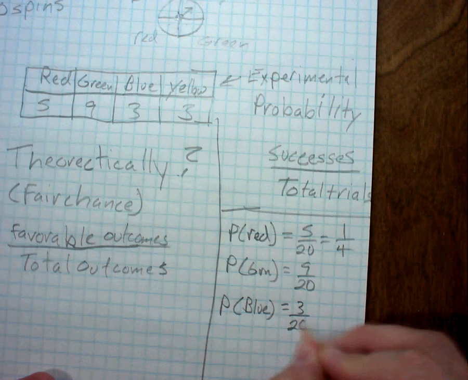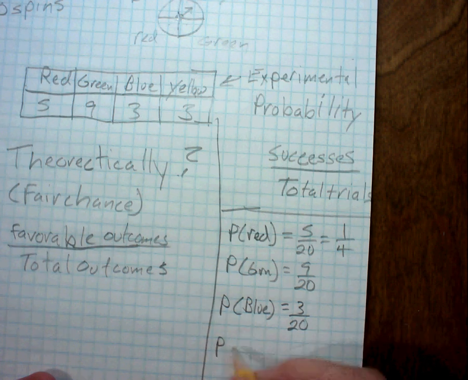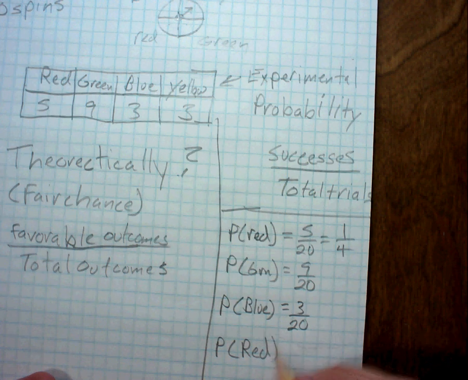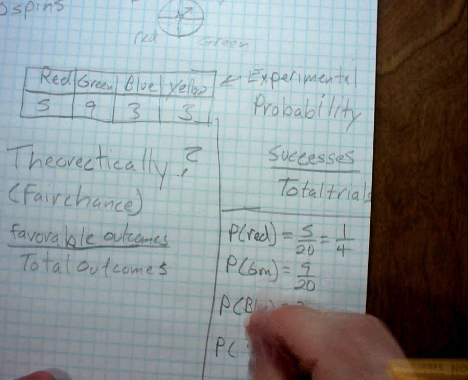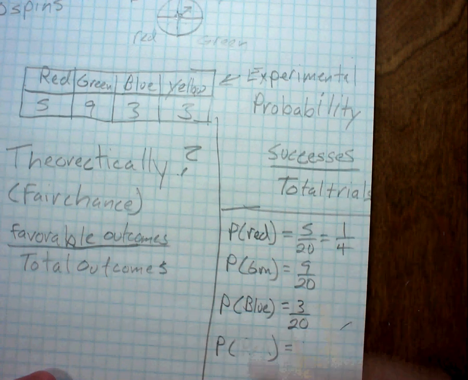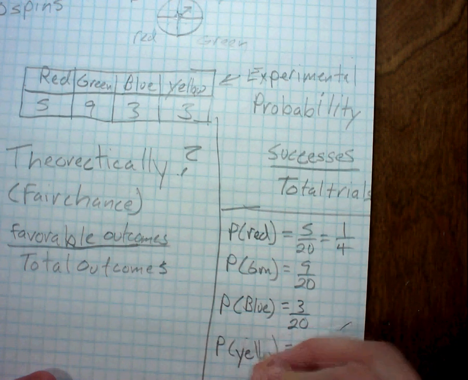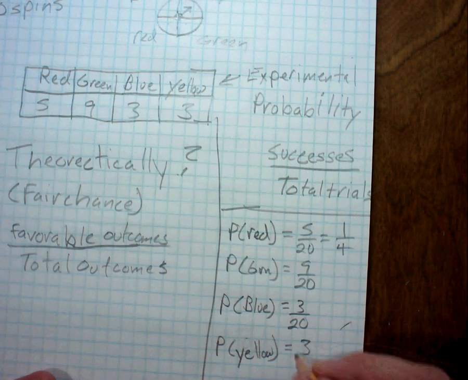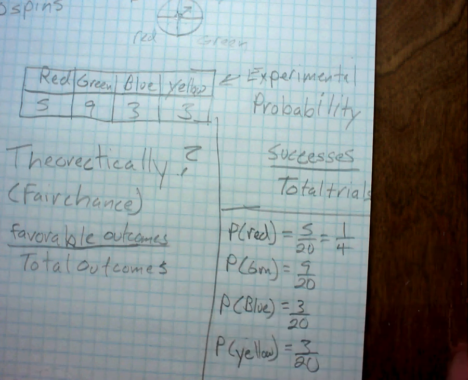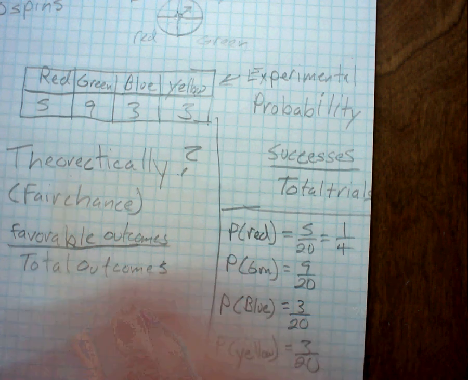Again, we can't reduce that down. And then the probability of, not red, yellow, which is 3 out of 20 as well. Okay? So now we want to compare the theoretical to the experimental.